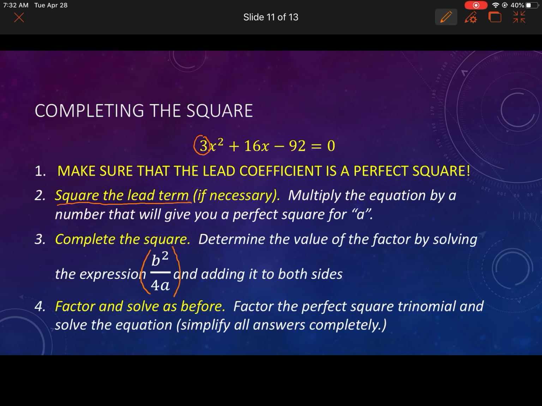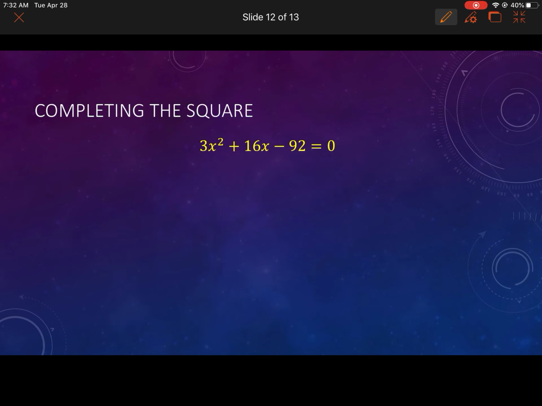It's always going to be a 4, so make sure you make a note of that in your notes. Then we're going to solve exactly like we did before. So the two main changes here are that we have to have a perfect square in the lead coefficient, and we're going to use this expression of b squared divided by 4a.